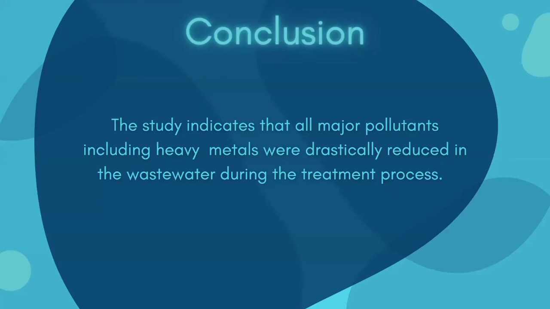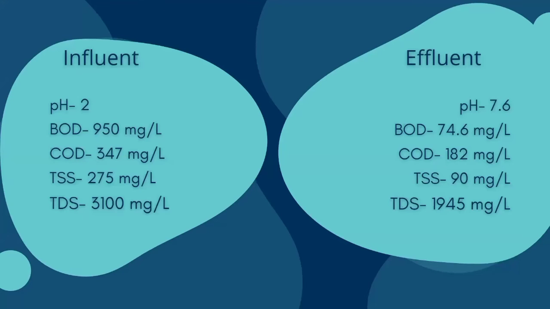In conclusion, the study indicates that all major pollutants, including heavy metals, were drastically reduced in the wastewater during the treatment process. Here we can see the pH, BOD, COD, TSS, and TDS are 2, 950, 347, 275, 3100 milligram per liter, while the treated effluents have values like 7.6, 74.6, 182, 90, 1945, which is within the acceptable limits.